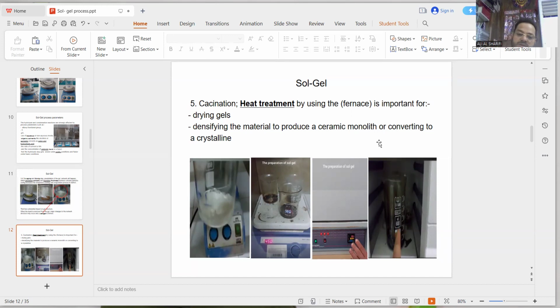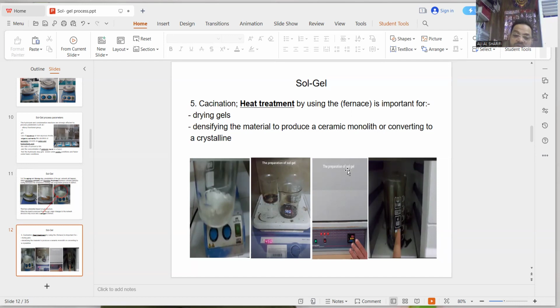Here I will use this furnace to achieve a product without agents, without hydrochloric acid, without ethylene glycol. And I will explain on the next slide why we use it, because to deal with some disadvantage in sol gel, this disadvantage is the cracks.